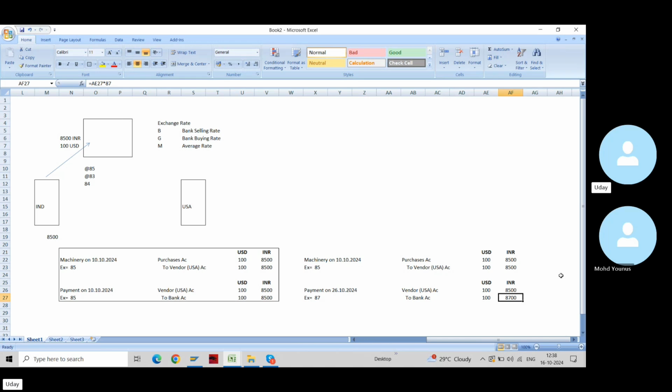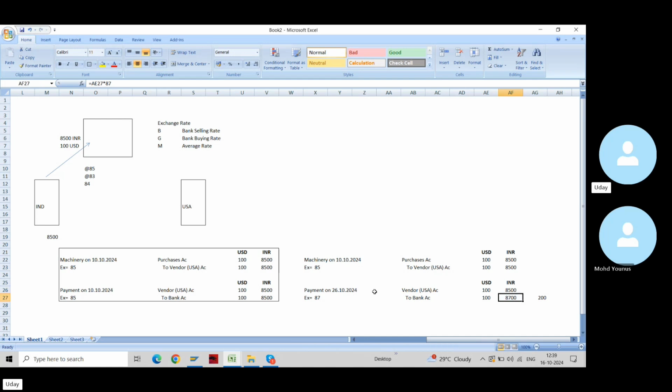Now there is a difference of 200 here. My liability is 8,500. I'm making the 8,500 debit and knocking it off. Now I'm making the payment, so I'm taking the same rate which is there on 26th October, and that amount came to 8,700. So there is a difference of 200 between debit and credit.